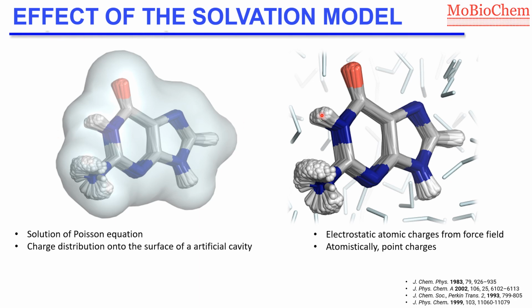On the other hand, the explicit solvent is described by electrostatic atomic charges. As a result, the implicit solvation model represents a polarizable embedding in which both the solute and the solvent polarize mutually. On the other hand, the explicit solvation model represents an electrostatic embedding example in which only the solvent polarizes the solute.